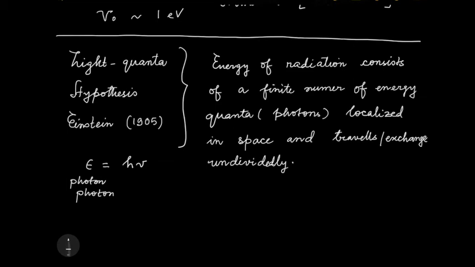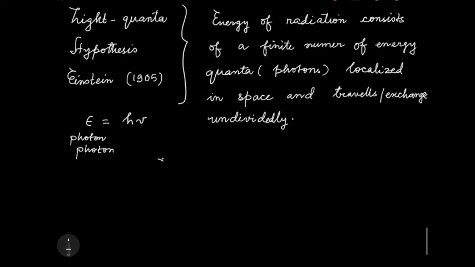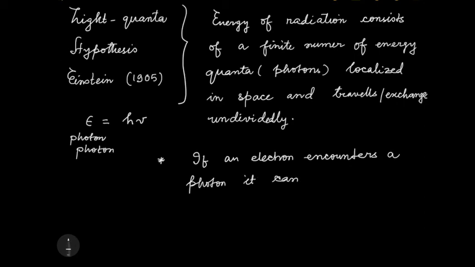So this was the light quanta hypothesis, and in the rest of the discussion in the next 5 minutes, we'll try to understand how it explains the photoelectric effect. First of all, because the energy is not distributed in the entire space, we realize that if an electron encounters a photon, it can get h nu energy instantaneously.